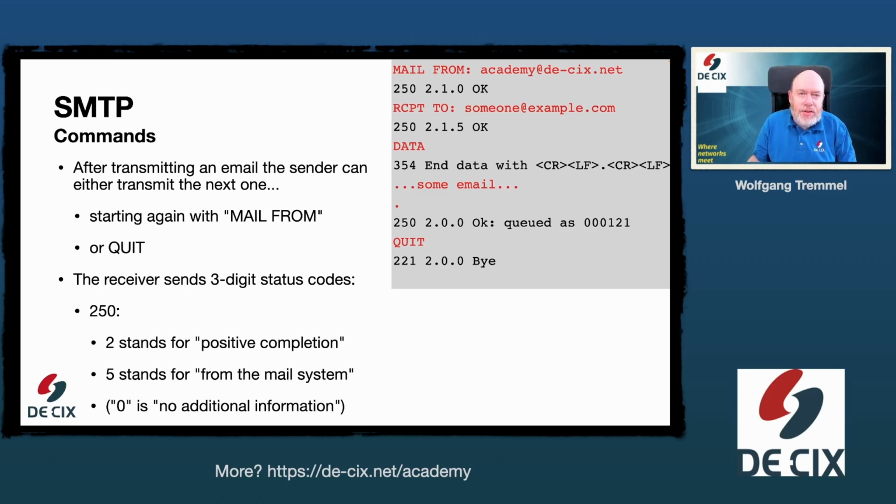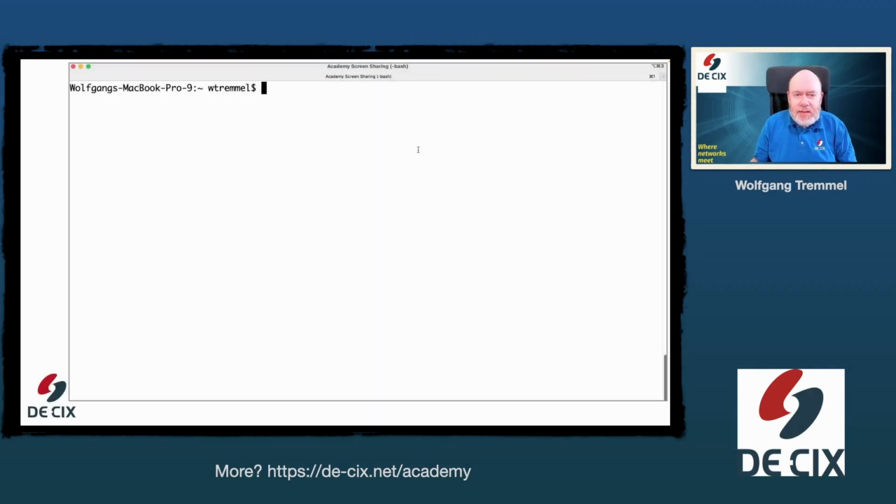The first digit basically says if it's success, failure or temporary failure. So 2 stands for success. The 5 in the middle stands for the email system, and the 0 stands for no additional information. Like I said, you can type that in, and let me show you how that goes.